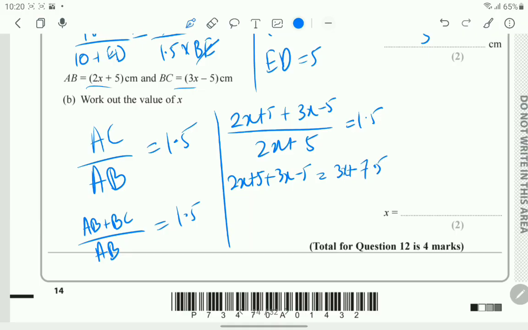So solving for x, we get 2x, and the 5 cancels, this cancels, we get 7.5. x is equal to 7.5 divided by 2, which is 3.75, and that is your final answer.